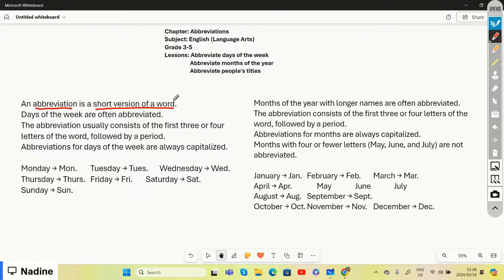So now when it comes to the days of the week. The days of the week, they are often abbreviated. It's like a shorter version of the word is being given.